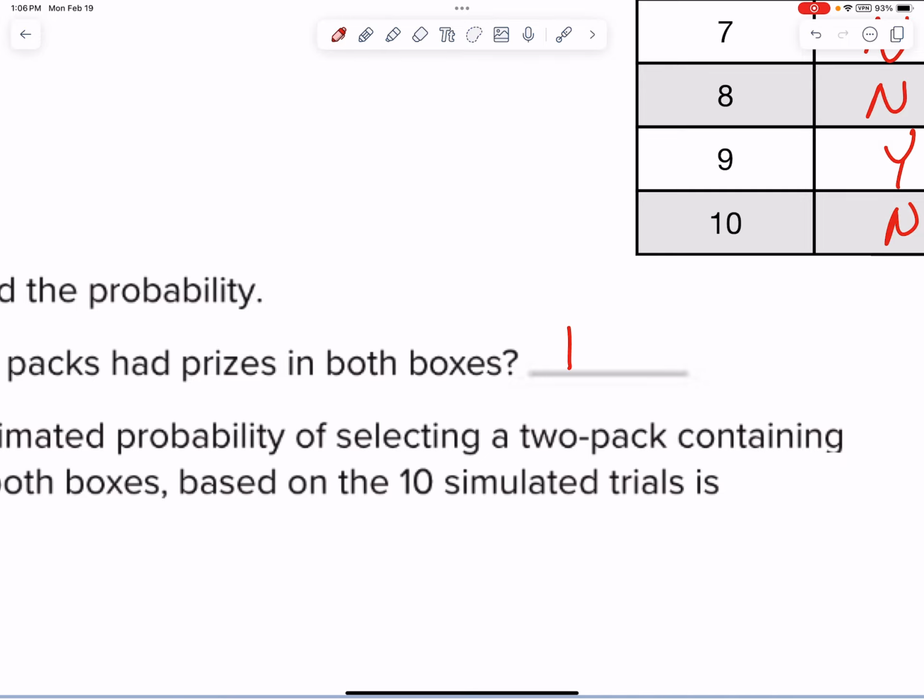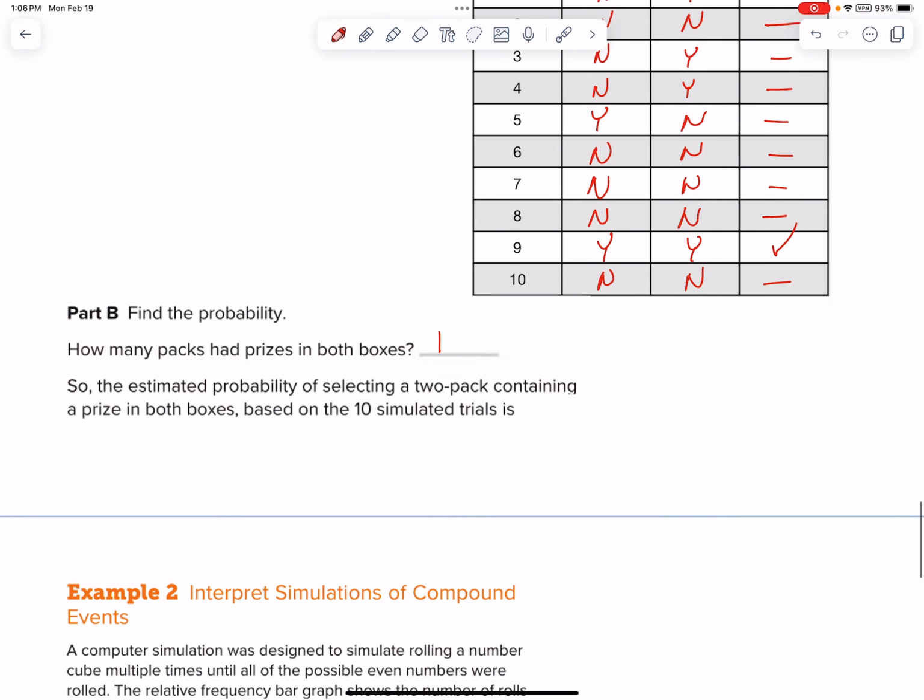Only 1 2-pack. So what is the probability? Well, that's a 1 out of 10 chance, which 1/10 is 0.1, so we have a 10% chance of that happening. Okay, so the estimated probability based on 10 simulated trials of a 2-pack containing prizes in both is only 10%.